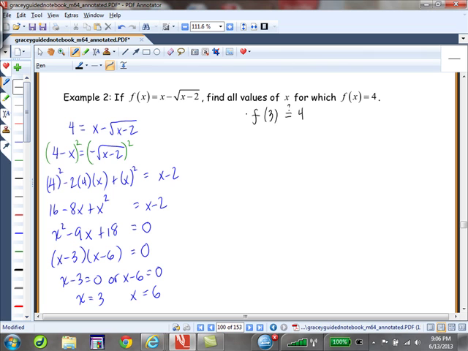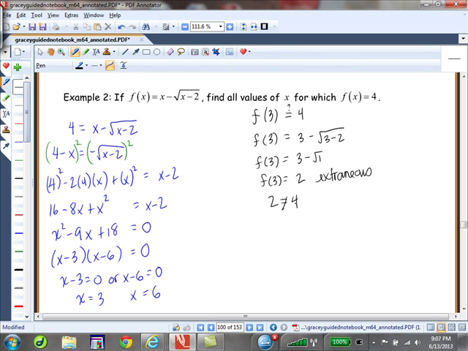F of 3 is equal to 3 minus the square root of 3 minus 2. f of 3 equals 3 minus root 1. f of 3 equals 3 minus 1, which is 2. So this one is extraneous. It didn't work out because 2 is not equal to 4.